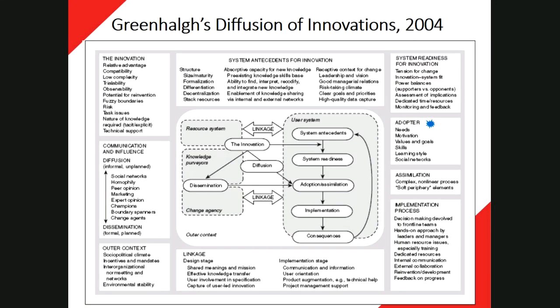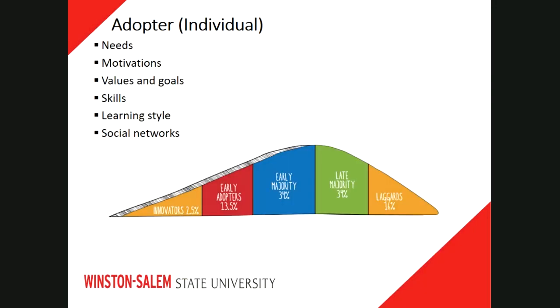Another component to this model is the adopter. It's important to understand the individual's needs, motivations, values, goals, skills, their learning style, their social network. One thing when it speaks about adopter here is talking about the individuals within the organization versus the organization itself.